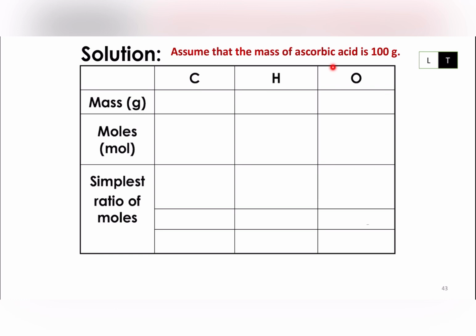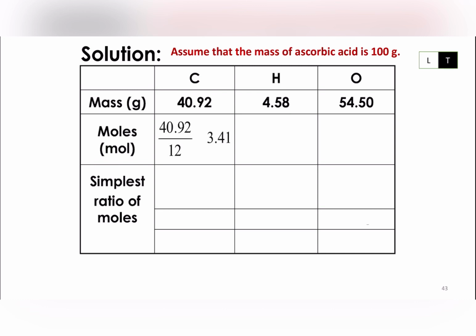Now let's continue with the table. I have right now the value for carbon, hydrogen and oxygen. I put it in alphabetical order, or whichever one is mentioned first. So we have the values here. And next you are going to calculate the moles. Each of them you can have a go.